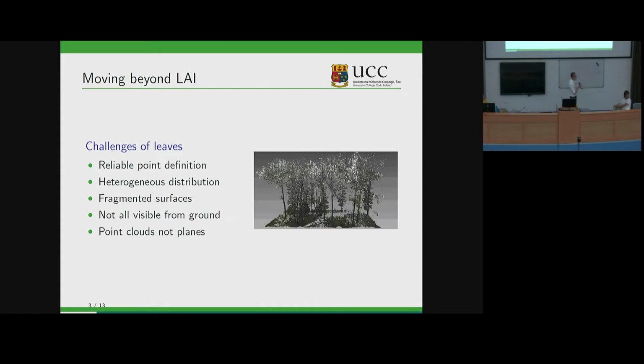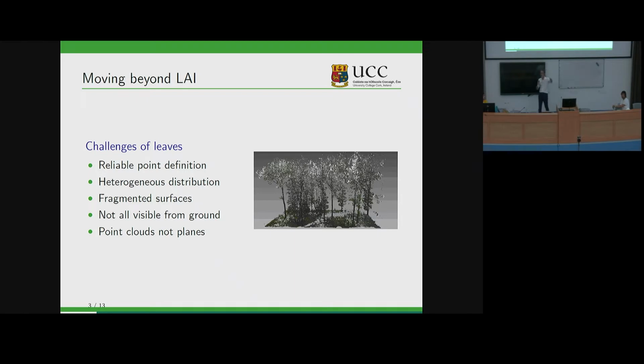There's a few problems with leaves, the first of which is that although we've got very good at definitively identifying wood, we're very good at saying which points are wood, a definitive definition of leaves is a little bit trickier. Not everything that isn't a wood surface is automatically a leaf surface. They're also very heterogeneously distributed within your 3-dimensional space with varying density.